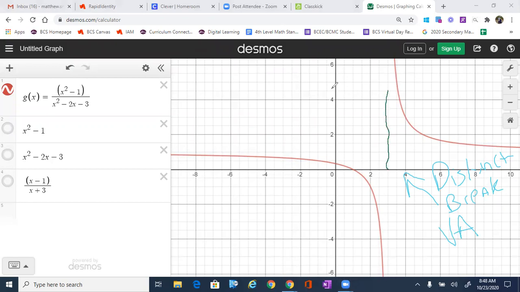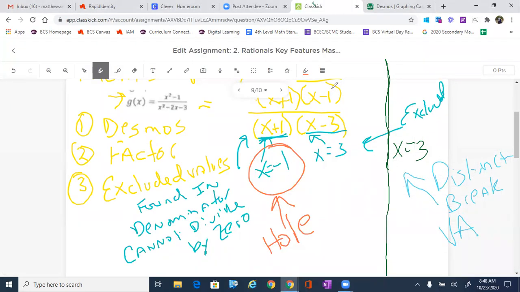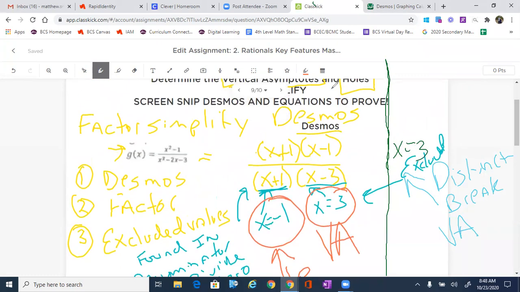Check it out right here. If I go up and I go down at x equals 3, that's your distinct break. That is your vertical asymptote. So I'm going to go back here and identify that. I'm going to say x equals 3 is our vertical asymptote. Woo!